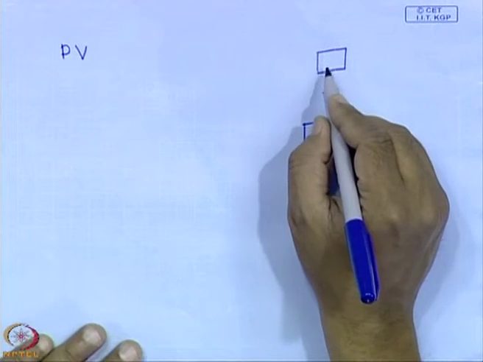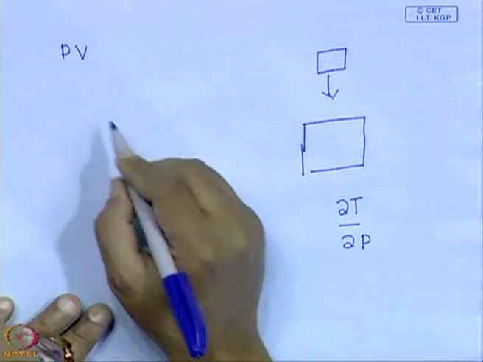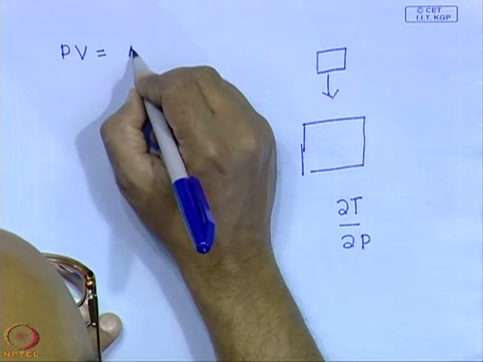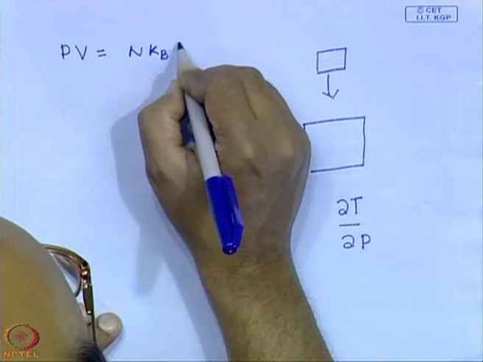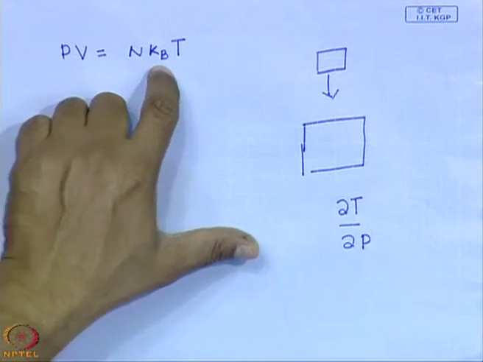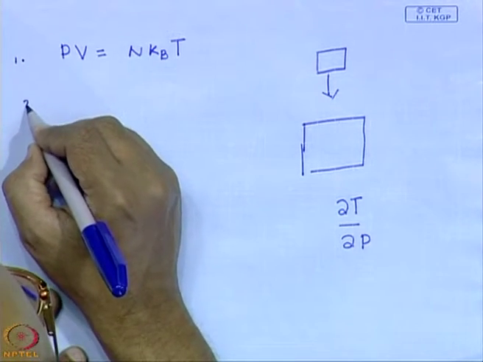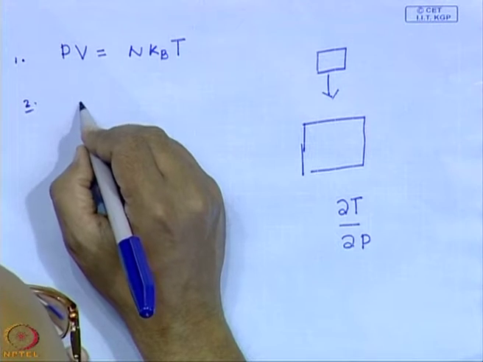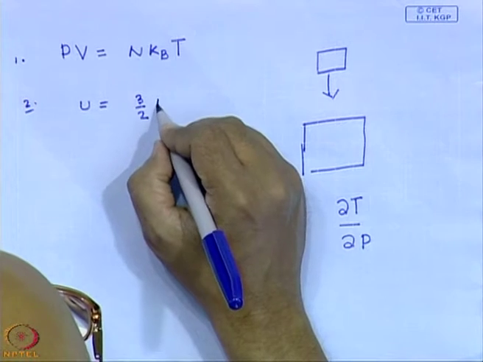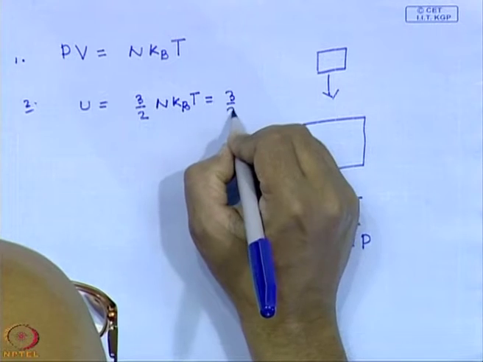The gas satisfies an equation of state that PV is equal to N K_B T. N is the number of particles, K_B is the Boltzmann constant, T is the temperature. And we also know that the internal energy of the gas U is 3/2 N K_B T, which we can also write as 3/2 PV.